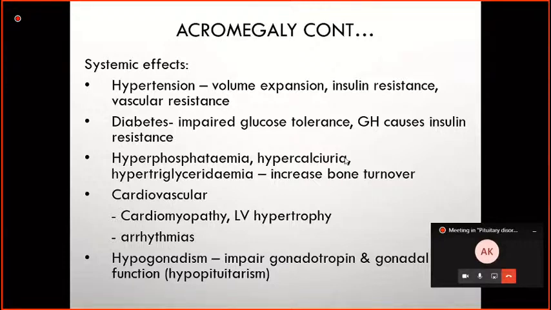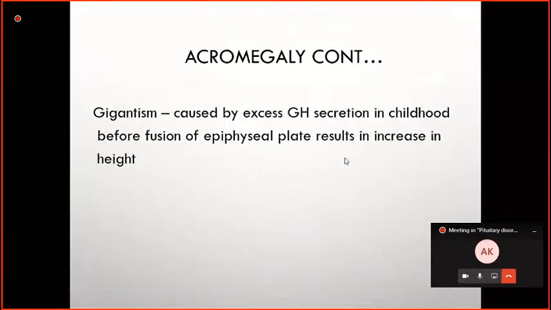On top of that, you also look for the signs and symptoms of hypogonadism, because of perhaps hypopituitarism that comes together with the pituitary tumor, because it can be a macroadenoma.